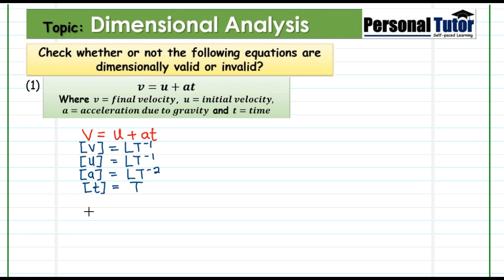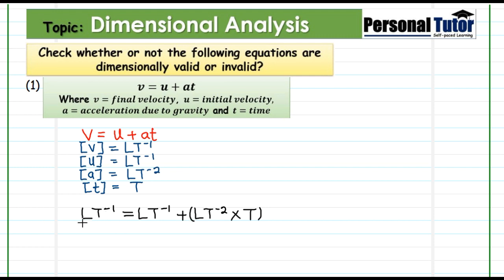For the v, I will write LT minus 1 equal to, for the u, also LT minus 1 plus the a, which is LT minus 2 multiplied by the t, a capital T. Don't forget to keep this in brackets because the a is multiplying the t, while both are added to the other terms.